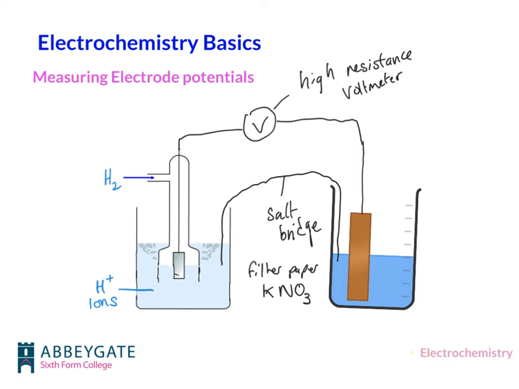So one final point on this, the half cell, what I would actually measure with what I've got set up here. So if our hydrogen electrode is 0, the copper 2+ electrode would be given a value of plus 0.34 volts. So what does that mean?